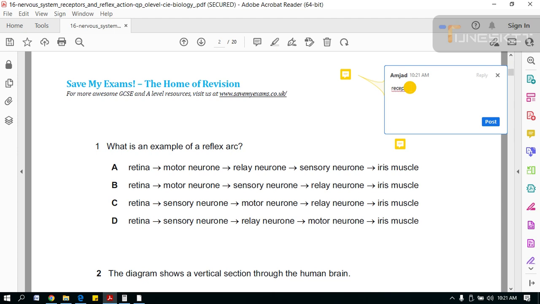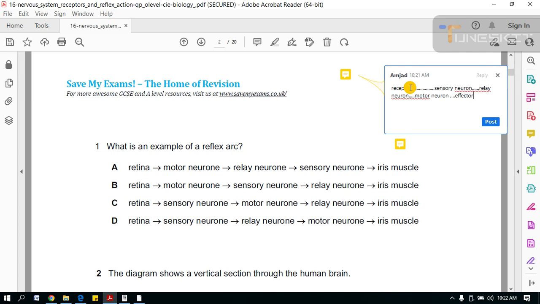Any type of receptor may be involved here, then sensory neuron, relay neuron or connector, and motor neuron, and then at the end effector, that may be a muscle or hormone factor.